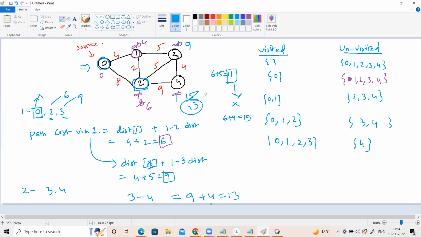Because earlier we had considered 15, and right now we have considered 13. So we have 4 over here. Now we have every vertex's cost from the source, and that is minimum, right?